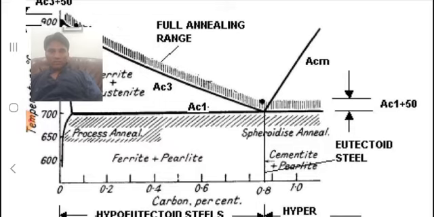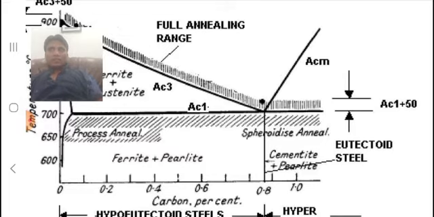In the first method, if the steel is heated above the A1 line, two phases are developed. One phase is austenite and the other phase is cementite. Whatever cementite is formed is converted into globules.